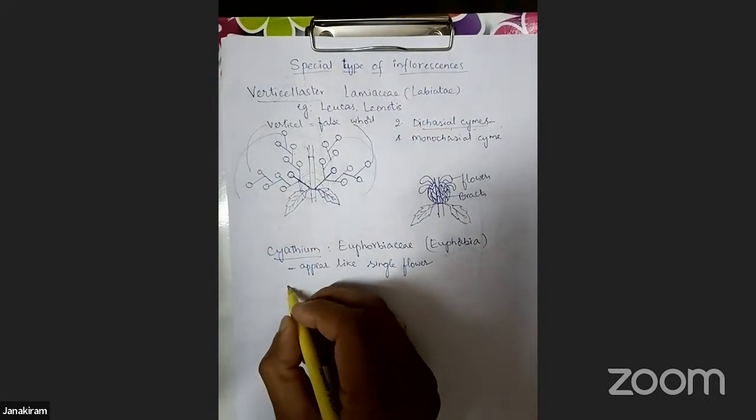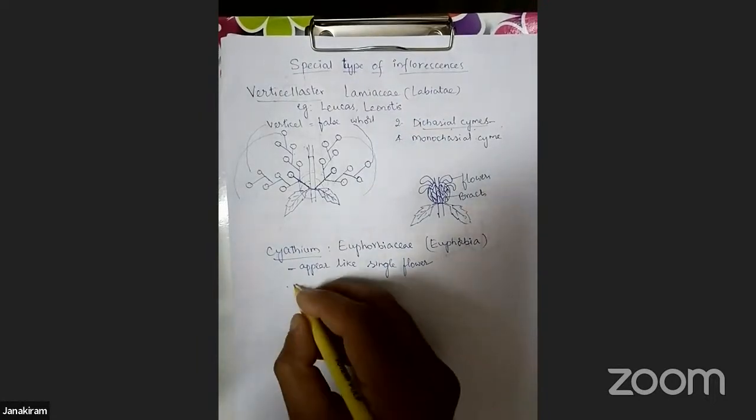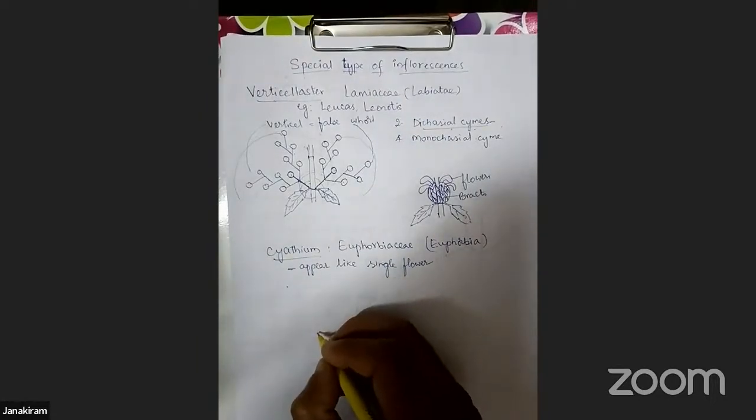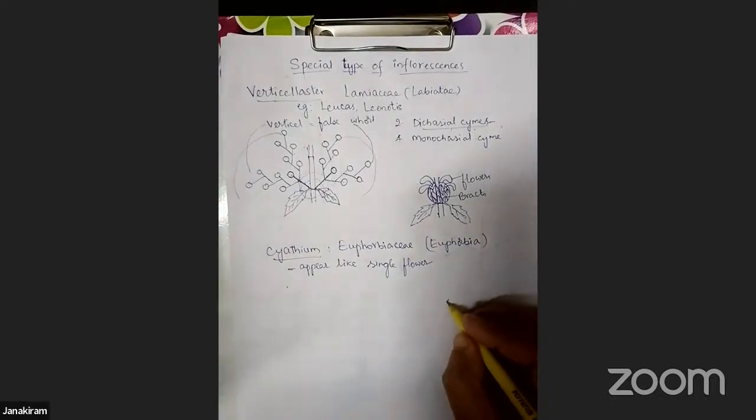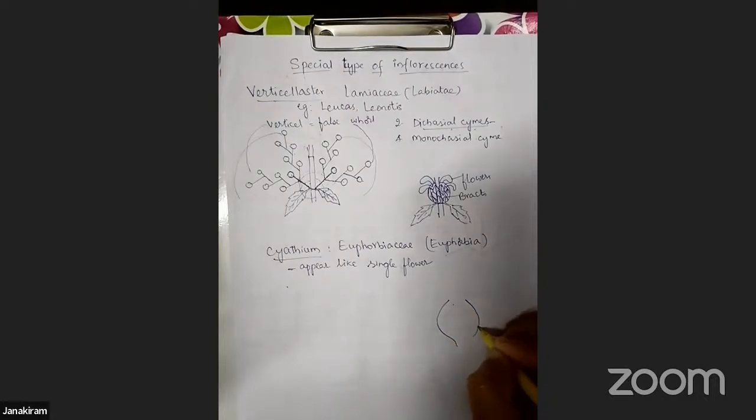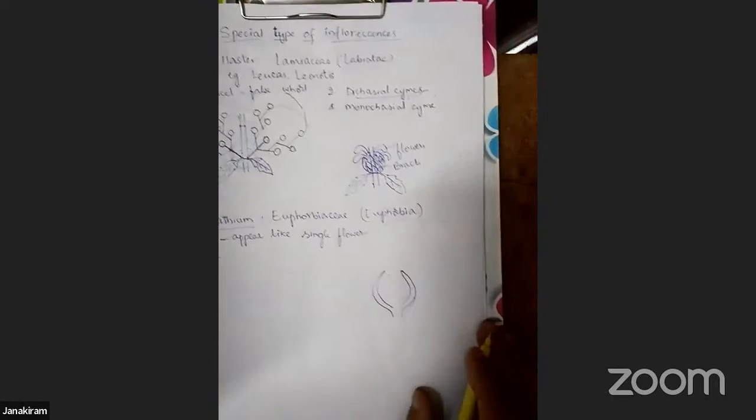And here, in this cyathium inflorescence, we can see a deep cup-shaped structure. A deep cup, not very deep, but we can say a cup-like structure can be seen like this.